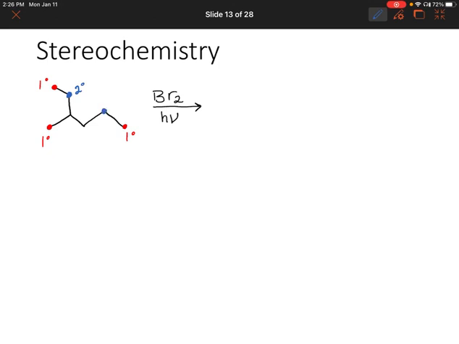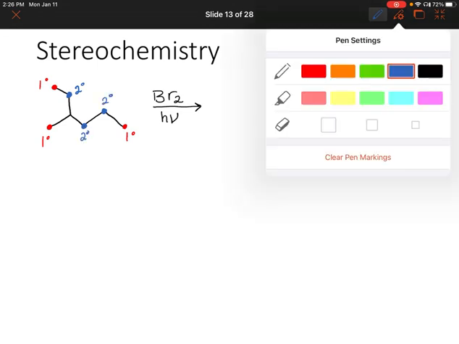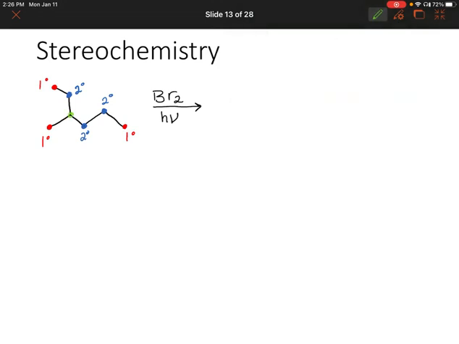This second to last one and this one in the middle. Those are also secondary carbons. And last but not least, this carbon. Is that primary, secondary, or tertiary? Tertiary. Okay. So that is where we are going to lose a hydrogen, because that will give us the most stable radical.